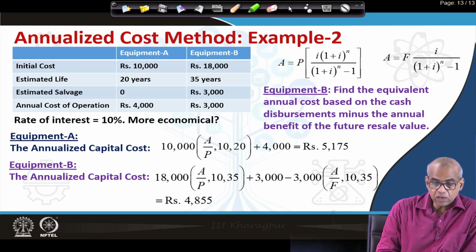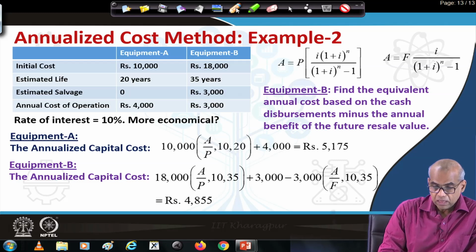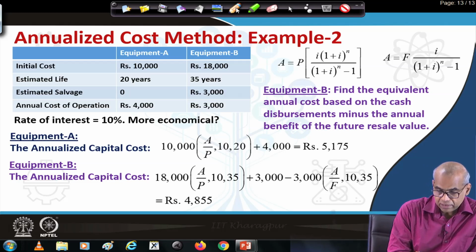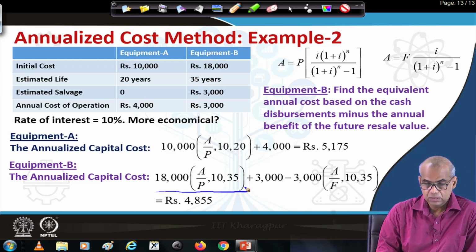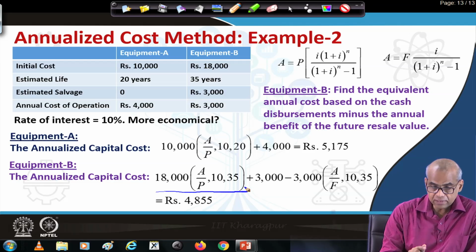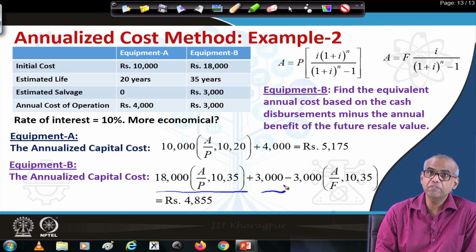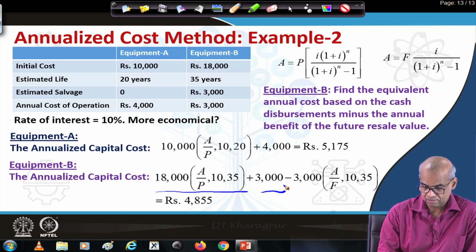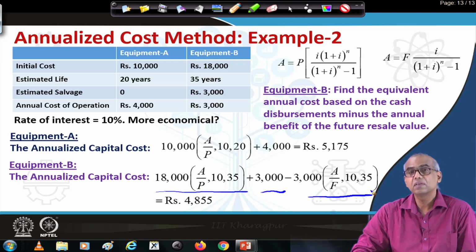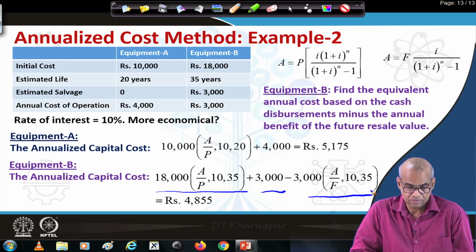So, the annualized capital cost for equipment B will be you annualize rupees 18,000, which is the initial cost over a period of 35 years at interest rate of 10%, add the annual cost of production 3,000 and then subtract the benefit, annualize it again over a period of 35 years and with interest rate of 10%.